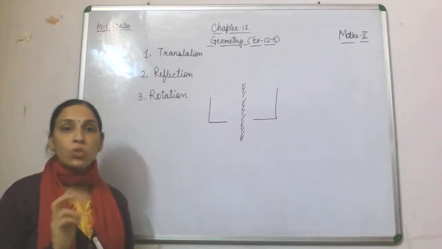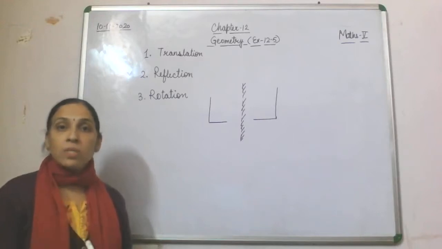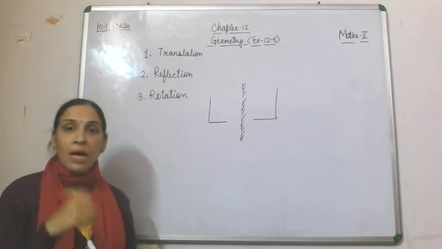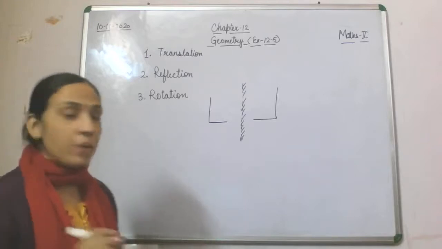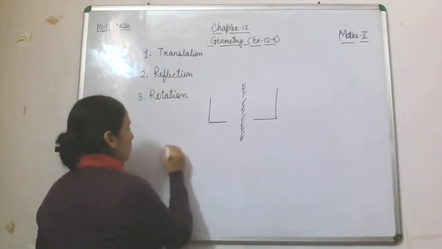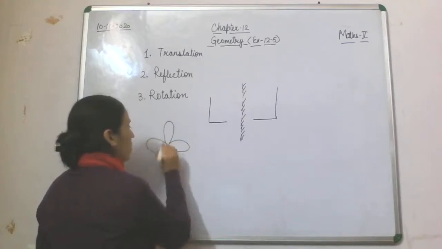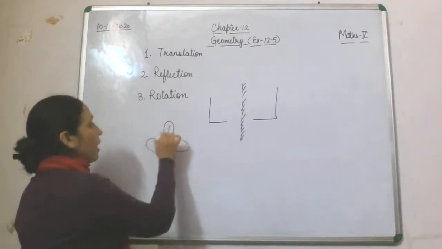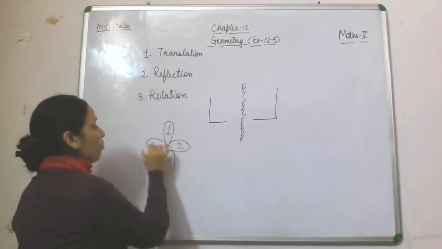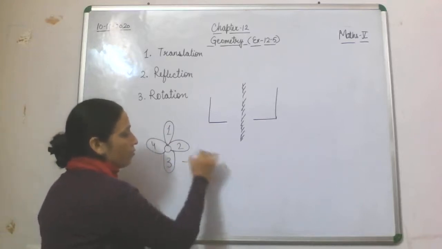All 3 wings of the fan are rotating, so here the rotational symmetry will be 3. As many parts are moving, for example, if you have a fan with 4 wings, 1, 2, 3 and 4, then the rotational symmetry will be 4.